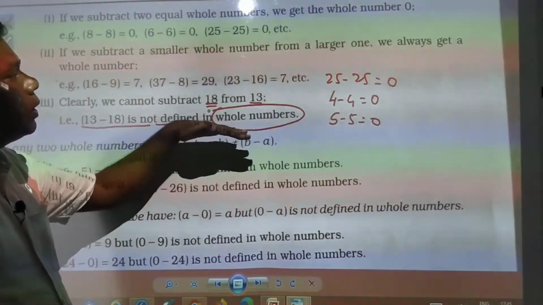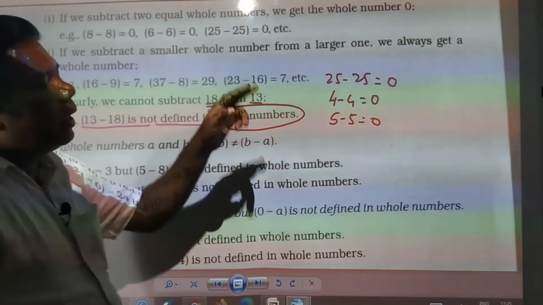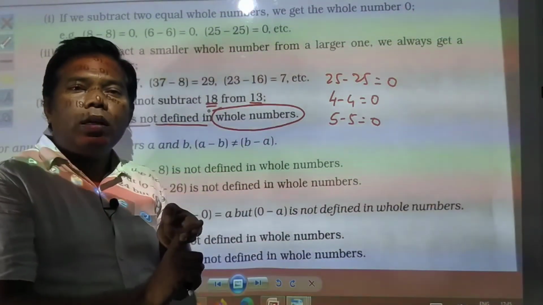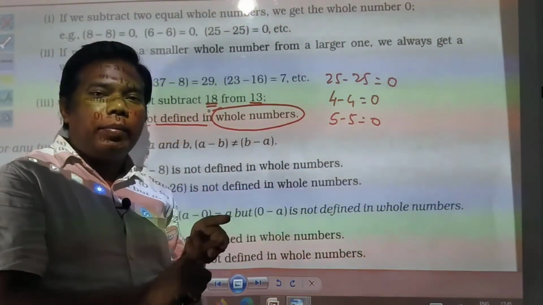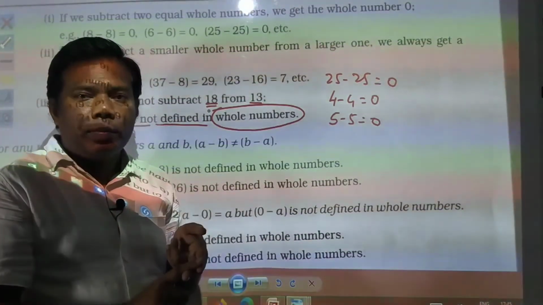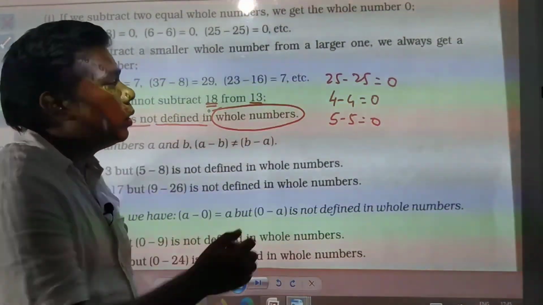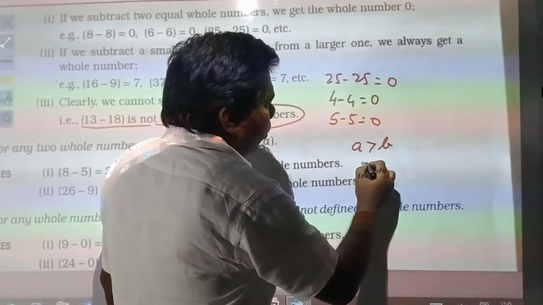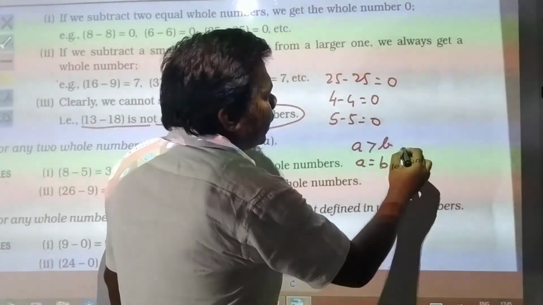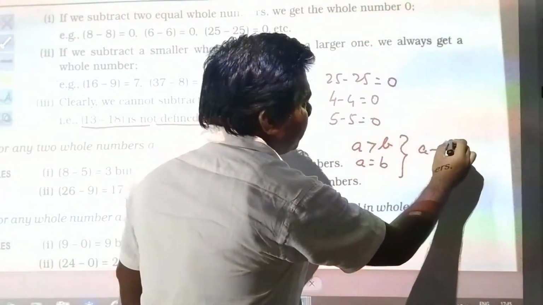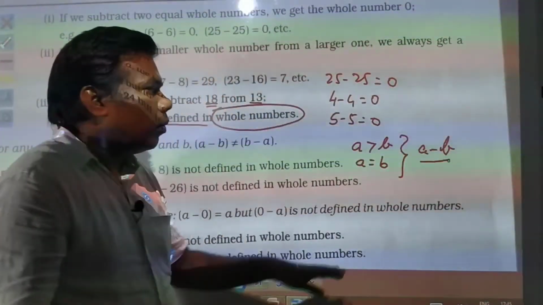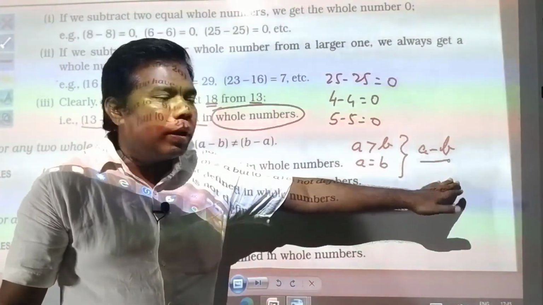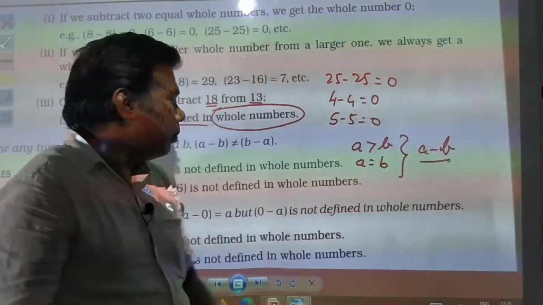So only two things we need to remember: when A and B are equal, or A is greater than B, then A minus B is possible. Otherwise it is not possible. If A is greater than B or A is equal to B, then only can you do A minus B, and you will get a whole number; otherwise it is not possible.